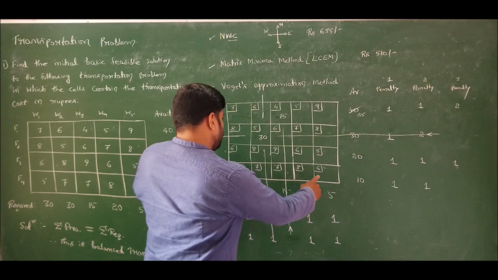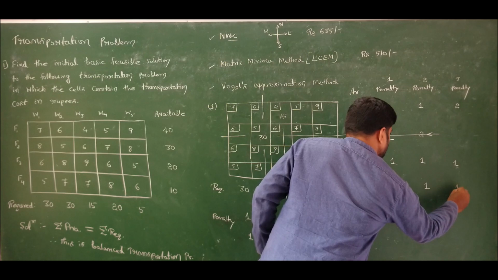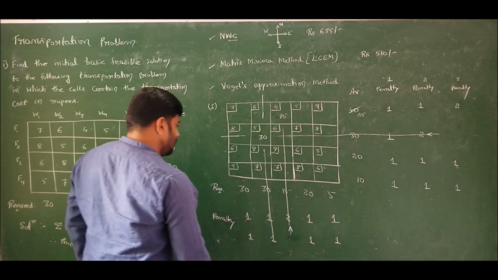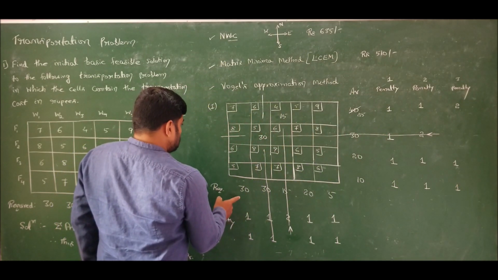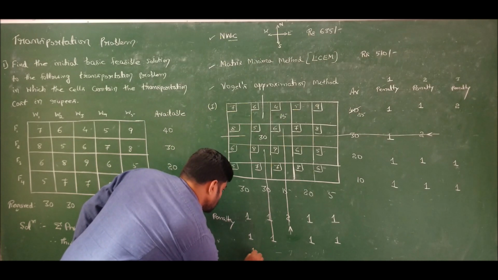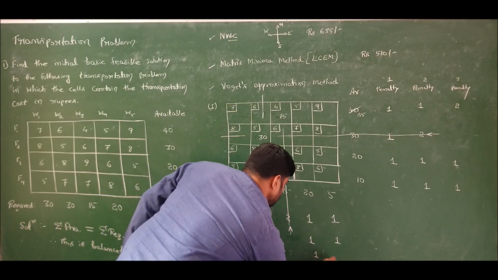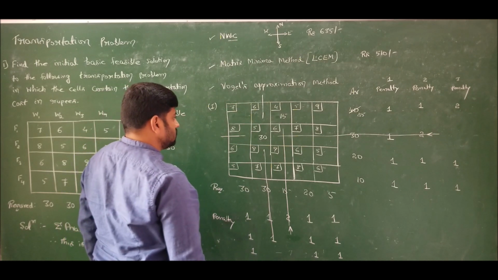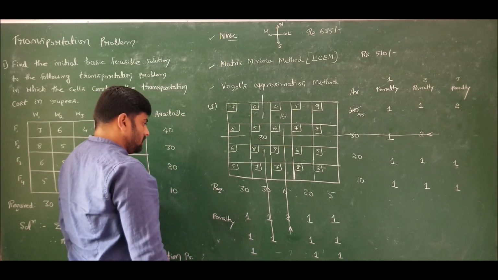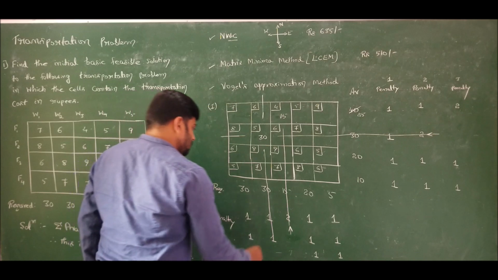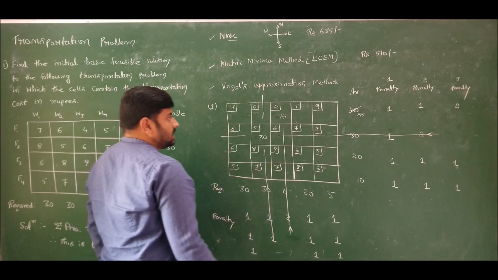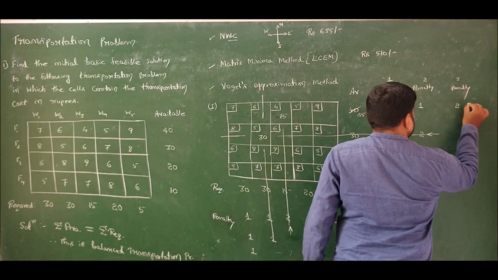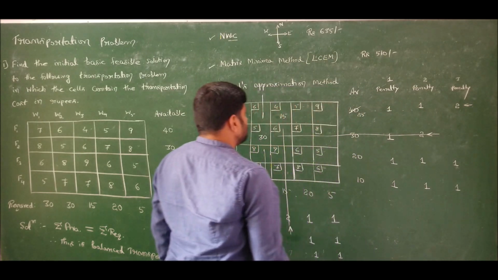Coming over here, 5 and 6, penalty is 1. Now in the columns it is unchanged, 1, 1 and 1. Correct. Now the highest penalty is for the first one, so I should eliminate this one.